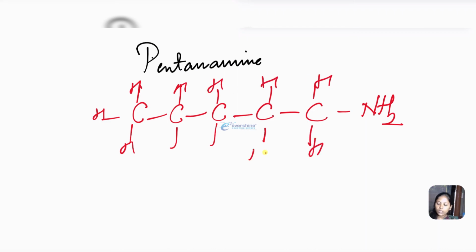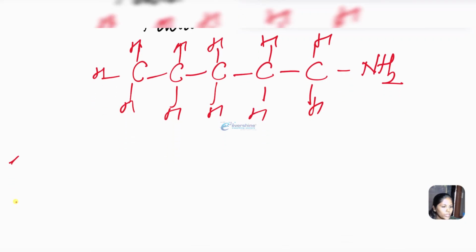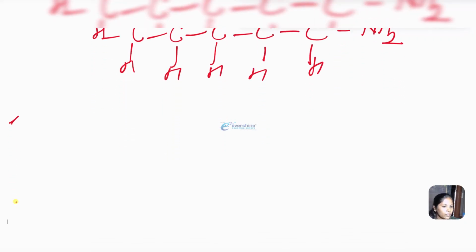Next, another important topic is benzene. How to write the structure of benzene? What is the formula of benzene? Very good. Benzene has the formula C6H6. This is also another topic for important questions. How to write the structure?